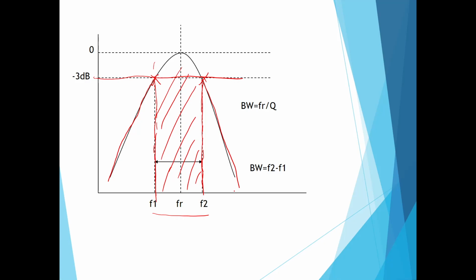When we design a filter, we want a filter that has a very sharp, very steep slope. The steeper the slope, the better. Why?